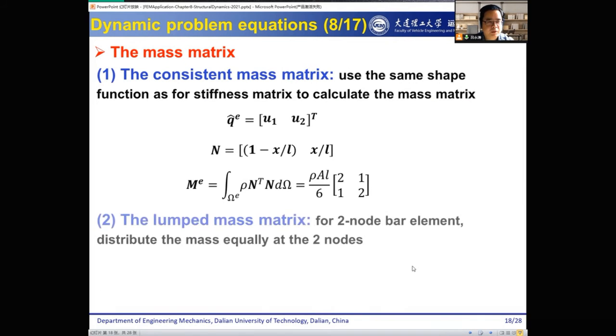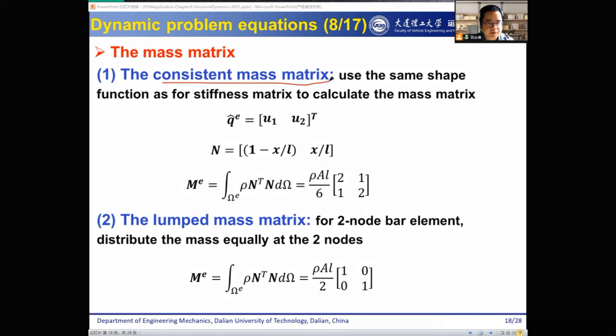So then let's talk more about the mass matrix. There are two types of mass matrix. First, the consistent mass matrix.